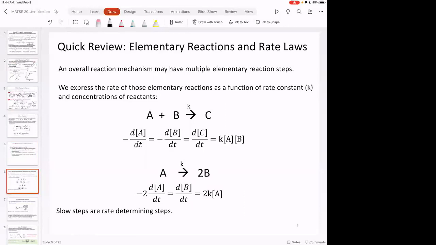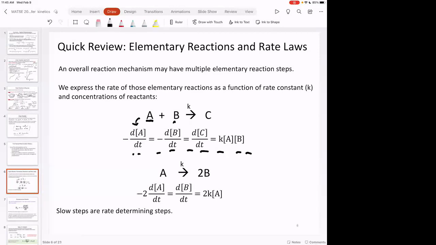All right. So you know that we write our general rate laws like this. And so you know that the disappearance of monomer A with time is written as the differential of the concentration of A over the differential of time. And since it's the disappearance of A, it has a negative in front of it.